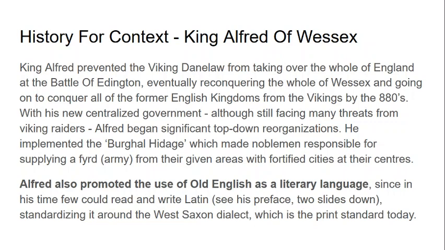Alfred also promoted the use of Old English as a literary language, since in his time very few could read and write Latin, and we'll see his preface written down below where he says exactly this. They standardised the way that Old English was written around King Alfred's dialect, the West Saxon dialect of Old English, and this is now a standard today because the vast majority of Old English writing is written in the West Saxon dialect.